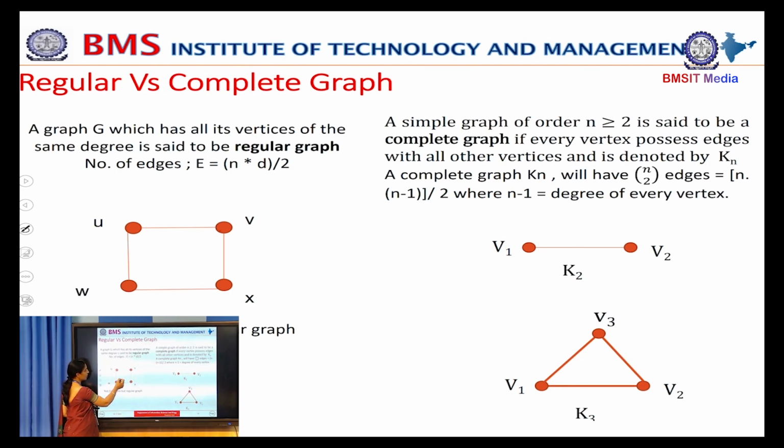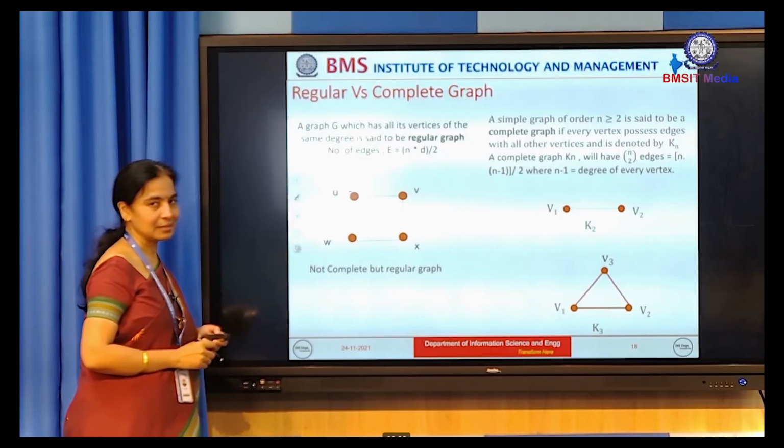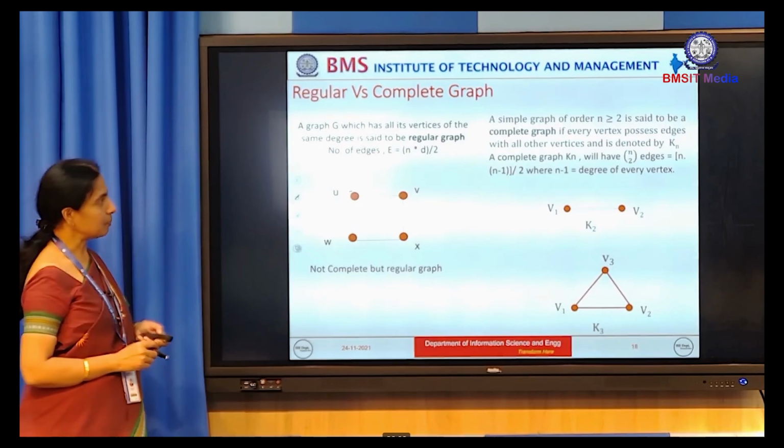So it is not a complete graph, but it is a regular graph because all vertices have the same degree, that is 2. So this is not a complete graph but a regular graph, whereas the other two graphs, K2 and K3, are complete graphs.